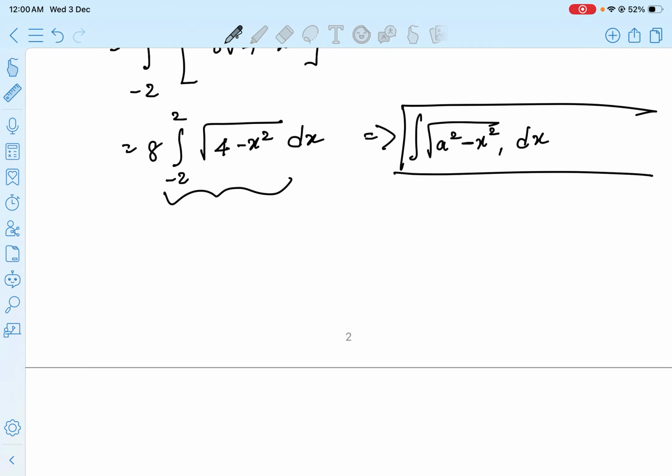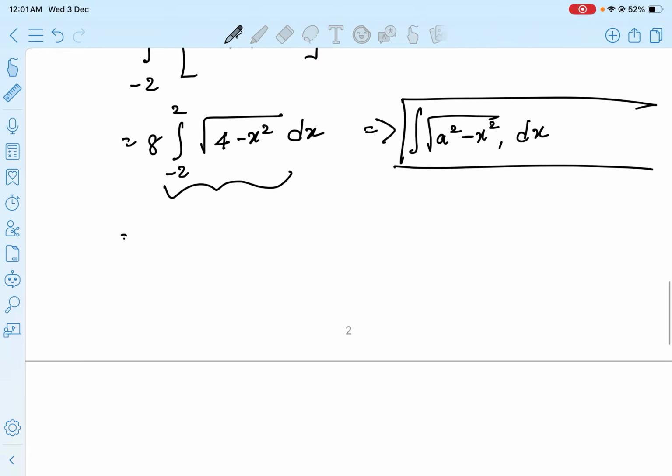So this can be written like this. This integral will be from 0 to 2. So this will become 16 integral 0 to 2. We are splitting the integral from minus 2. So it will become 16 integral 0 to 2 root of 4 minus x square dx.